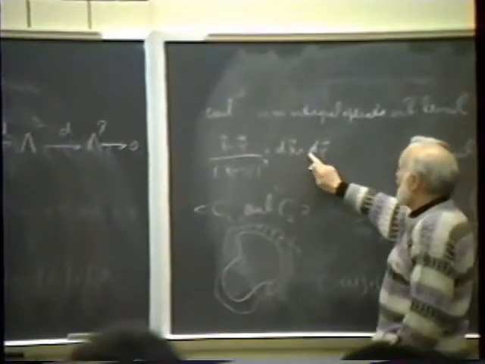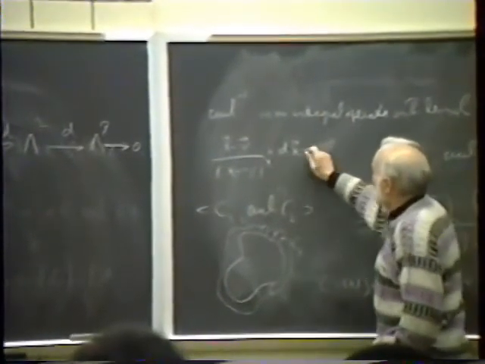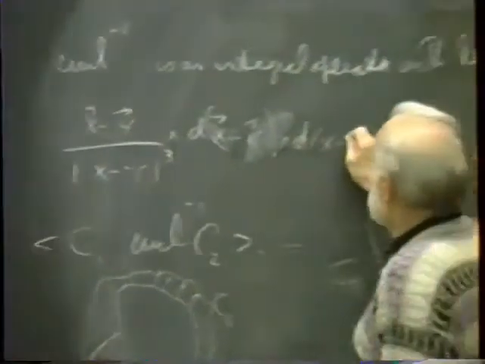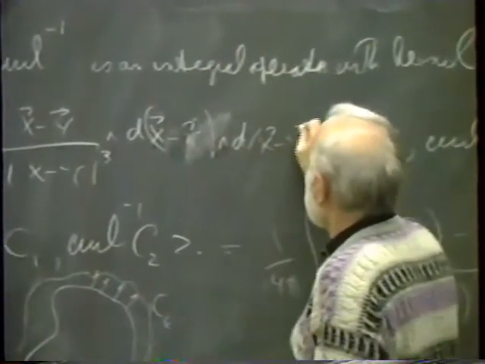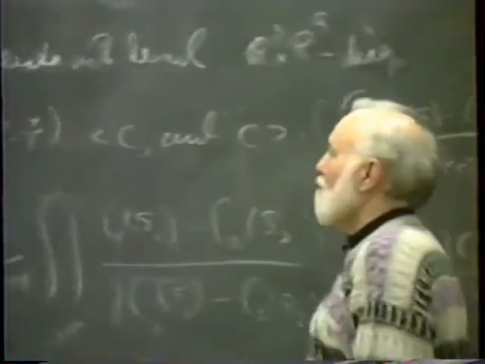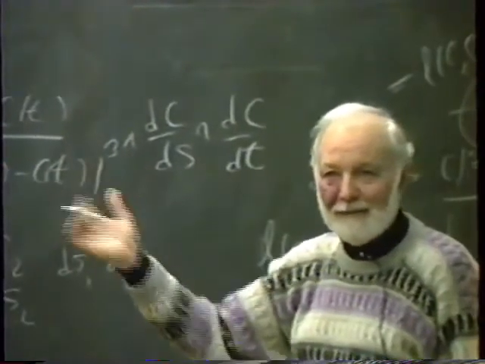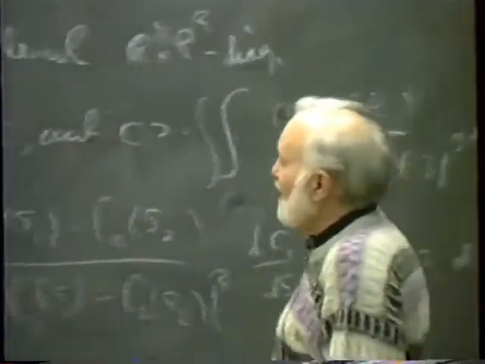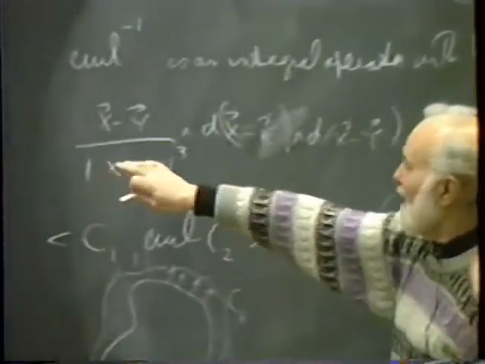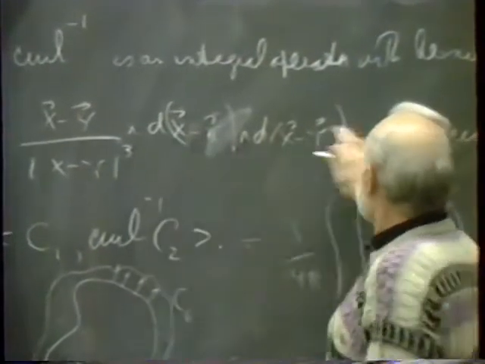Instead of just taking dx dy, what you do is take d(x minus y), wedge d(x minus y). There are really 3 kernels here. If you split them up, it's best to keep them together. And this splitting is the degree in the product space.